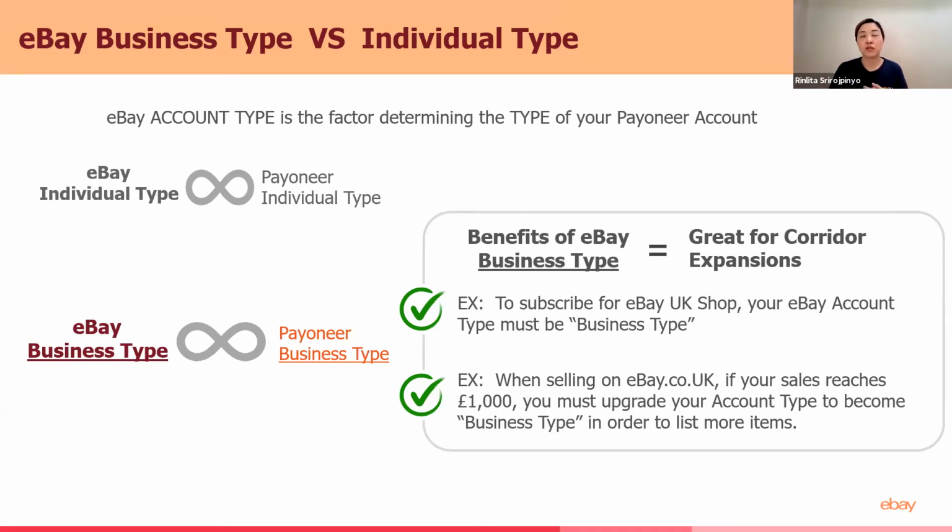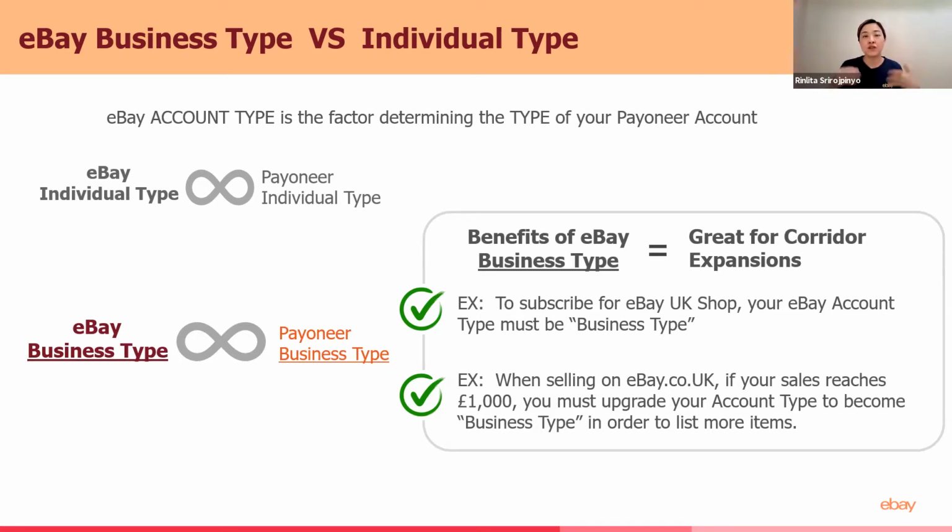For example, I am from Thailand, and in my eBay account, the registered address is Thailand. So if I want to use a Payoneer account that exists in another country, let's say Japan, I cannot link it to my eBay account in Thailand. I have to create the Payoneer account in Thailand and link it with my Thailand account.